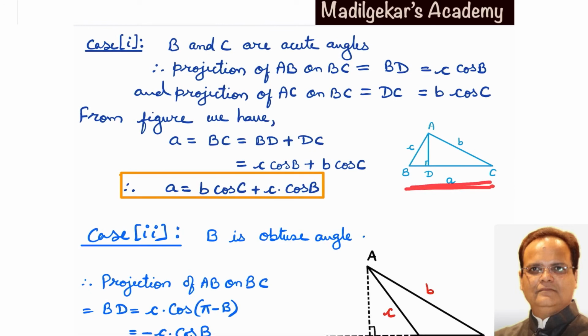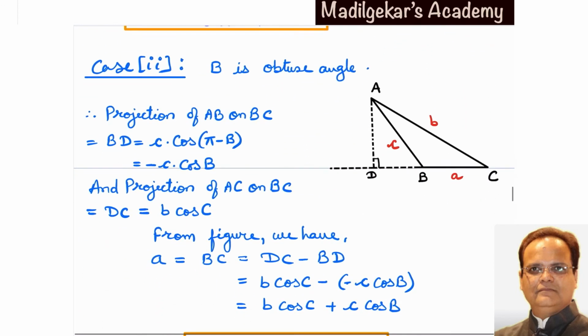Length of BC means it is BD plus DC. But BD is c cos B, whereas DC is b cos C. So in this way, for acute angles, we can prove that a equals b cos C plus c cos B.